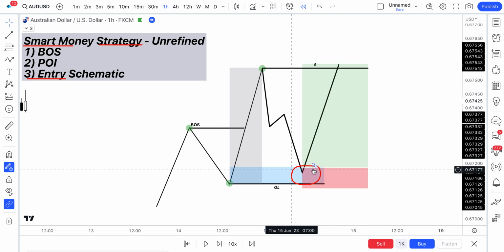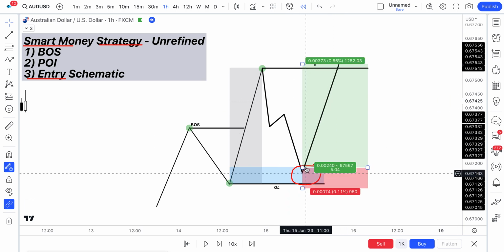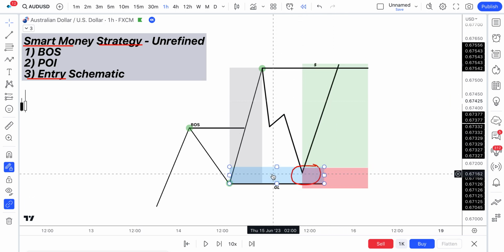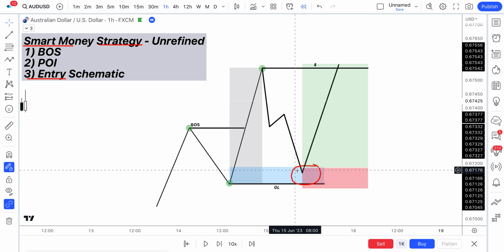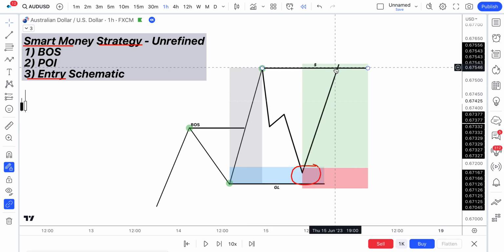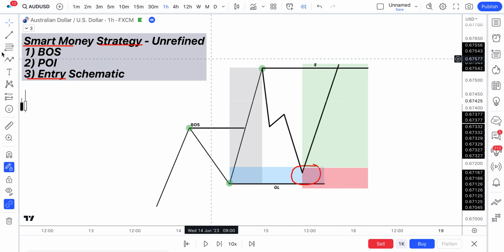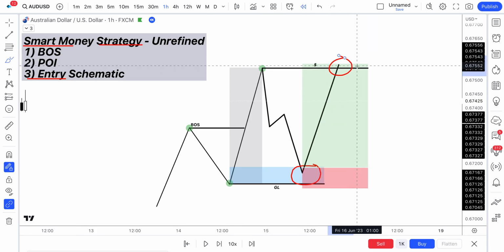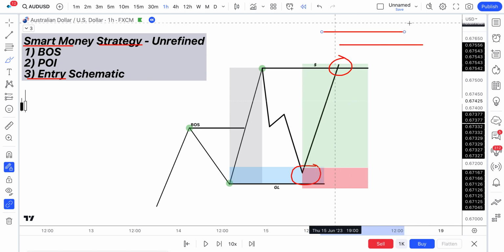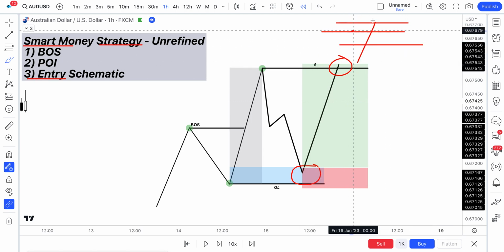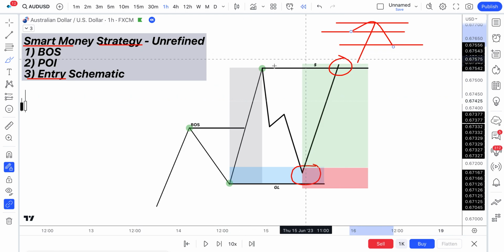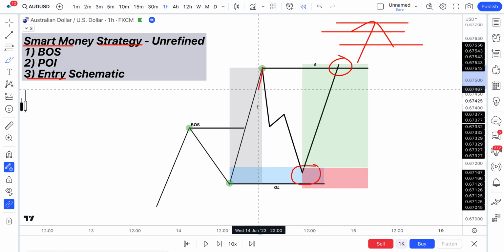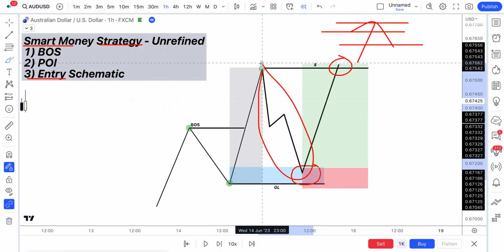So we're entering around here, the range lows here out of our POI, which is our extreme demand, and we're then going to be looking at targeting this equal high here. So targeting this equal high and then looking for ultimately further continuation to the upside, running all of these stops here above the equal high for all of the sellers that decided to get in this market too early.